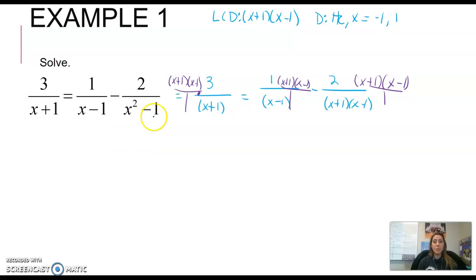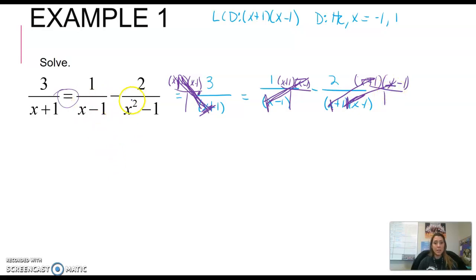So now that I have multiplication, then that means I can start finding my big ones. So I have an x plus 1 and an x plus 1. And remember, this strategy only works when I have this equal sign as part of my problem and I'm solving. And then I have x minus 1 right here, which is a 1. And then I have an x plus 1 here and an x minus 1 here.